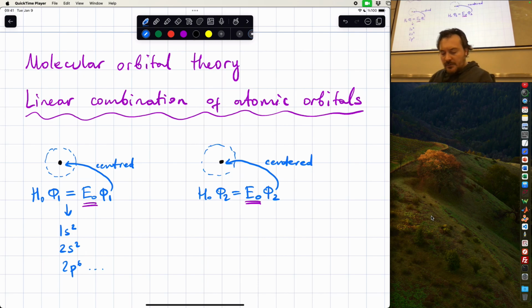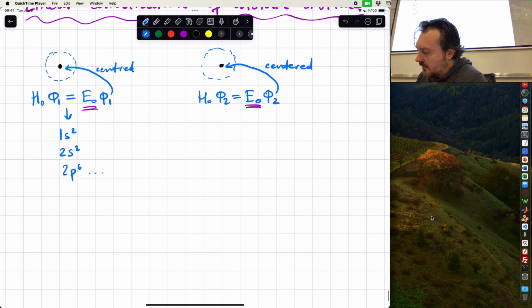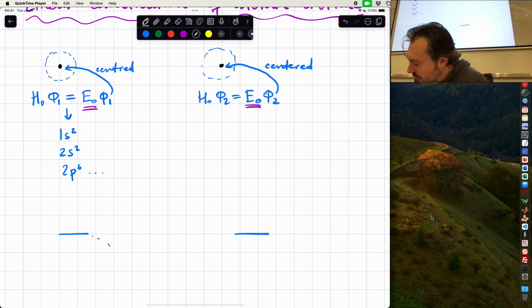Now, what happens when you bring these atoms together? These atoms have atomic energy levels, right? Let's say this is the ground state energy level. But when they come together, they split.